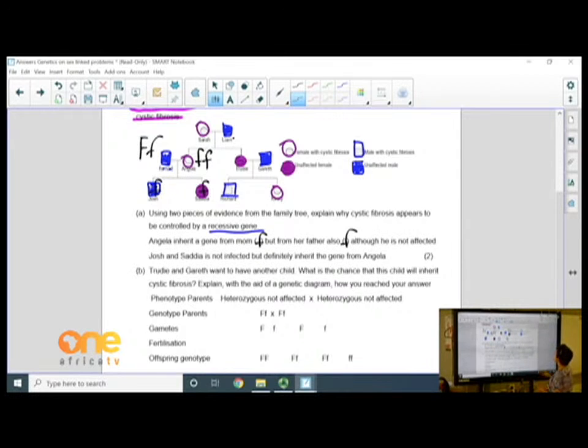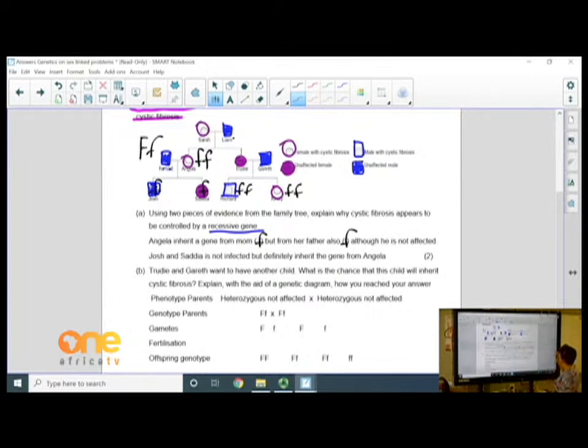Okay, right, so Trudy and Gareth want to have another child. What is the chance that this child will inherit cystic fibrosis? Trudy and Gareth are unaffected, but they already have 2 children that are affected.